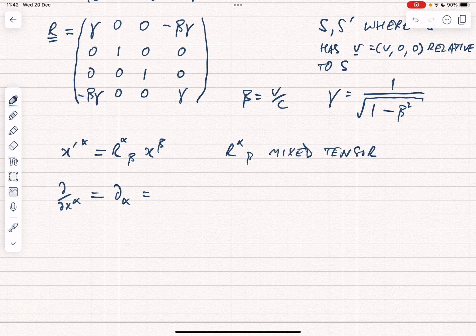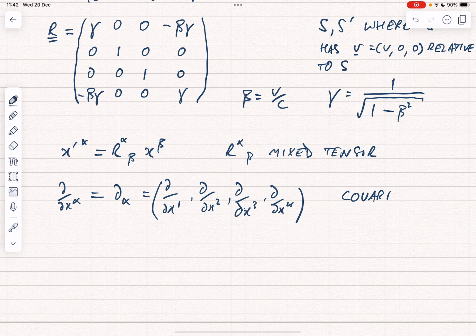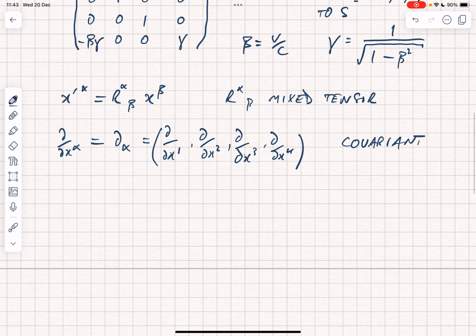And in terms of the components, we find that that's actually d by dx1, d by dx2, d by dx3, and d by dx4. So please note, this is covariant, but we're differentiating with respect to the contravariant variables. And so if we write that out in terms of x, y, z, and t, then we get d by dx, d by dy, d by dz, and 1 over c, d by dt.